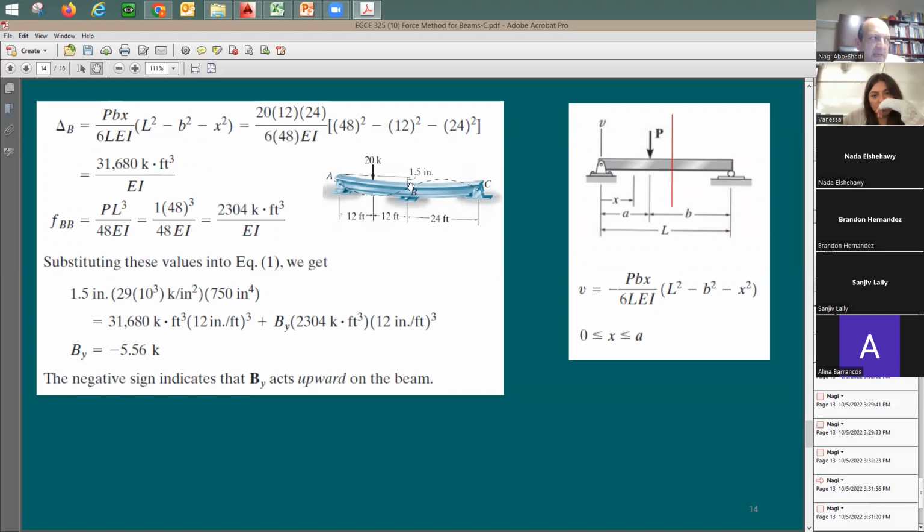Here we go. In my analysis here, I want to find out deflection at B when the point load is going to be at 12 feet from that point. But the deflection I'm interested in is going to be at B in the middle. And where is this B? I'm going to say it is going to be at 24 feet from the right or to the left. I have an equation that says deflection equals negative P, which is this point load, times b, which is this distance.